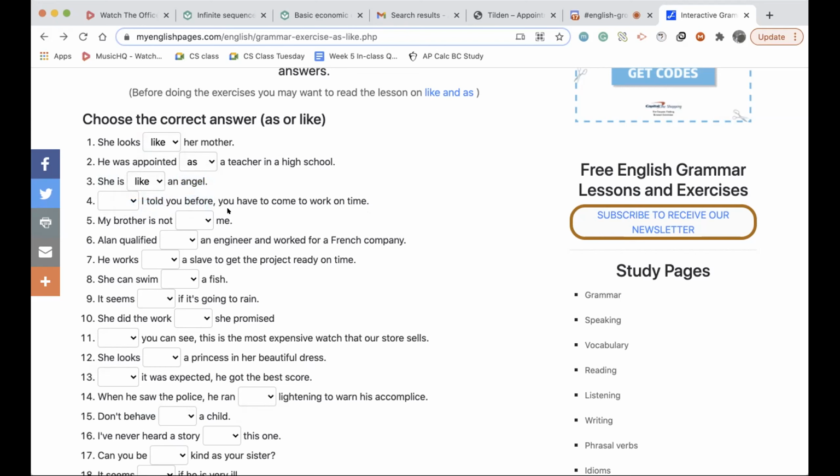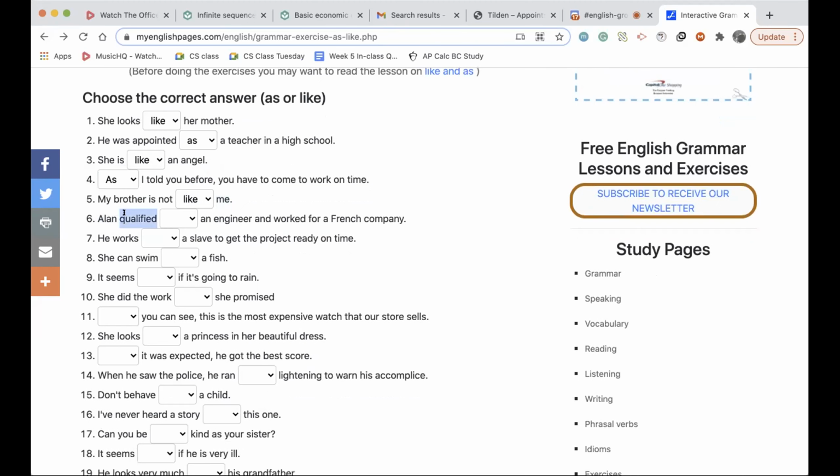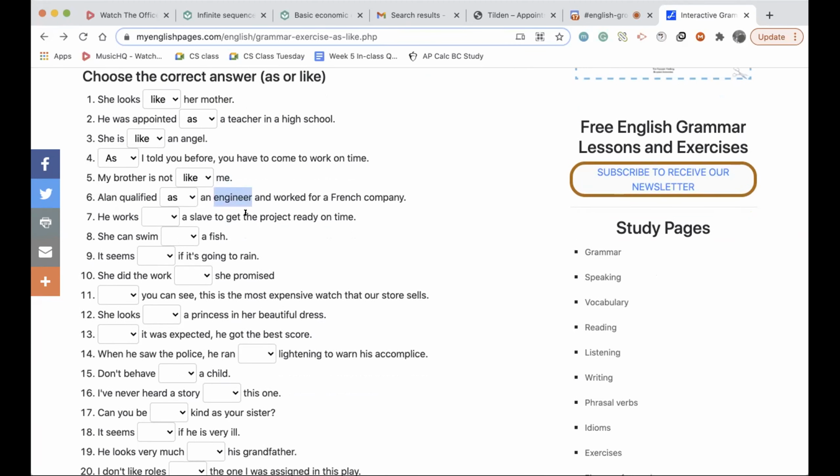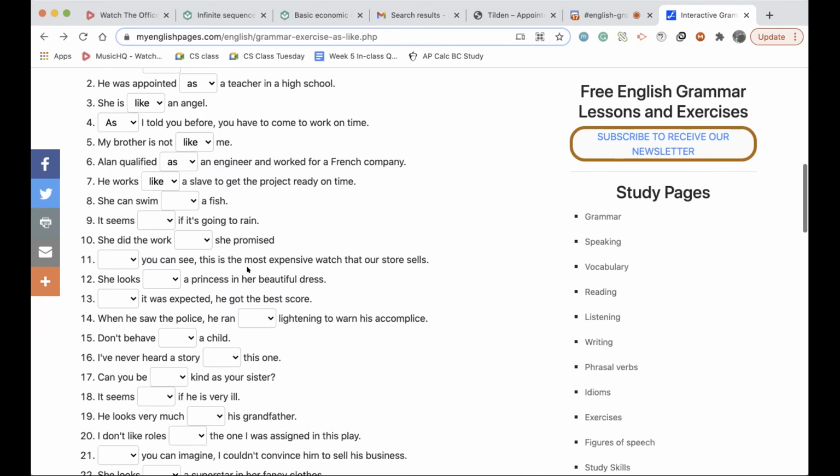I mean, like and as would both work, but as is usually the correct one in this kind of situation. Comparing your brother to me, so like. Alan qualified blank as an engineer, so a job again, right? As. He works blank a slave to get the project ready, comparing him to a slave, like. She can swim, so she's compared to a fish, like again.